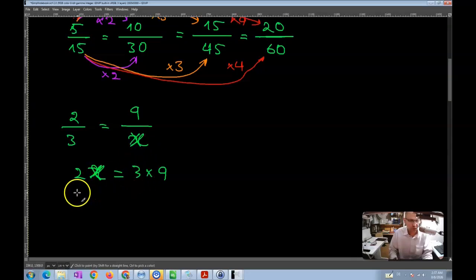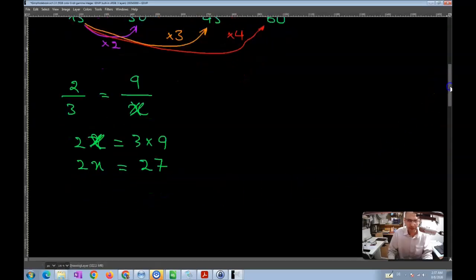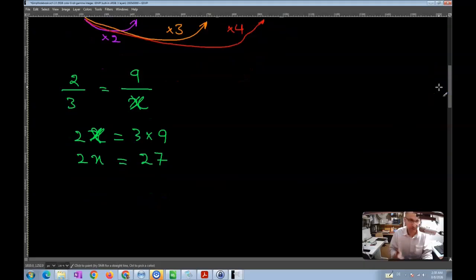So then you would write 2 times x is the same thing as 27, and then you can use the way that we use to solve equations. You take this number over here, which is alone on one side of the equation, which is 27, and divide it by one of these numbers, either 2 or x.